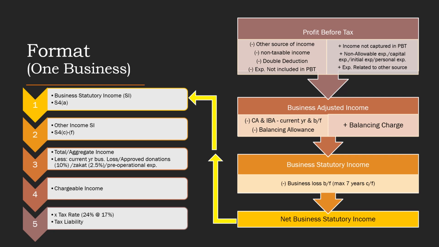Meaning that for example, salaries, in the financial statement we have deducted 12,000, for example. Therefore, we can deduct another 12,000 to arrive at the adjusted business income for the double deduction item. And then expenses not included in the profit before tax.